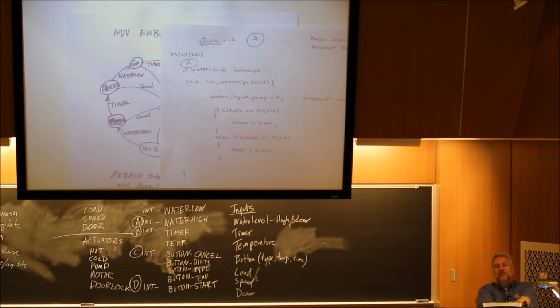You're saying the only time an interrupt with the water high will occur is when it's in those two states. What happens if there's a hardware error and the interrupt comes up for water high?